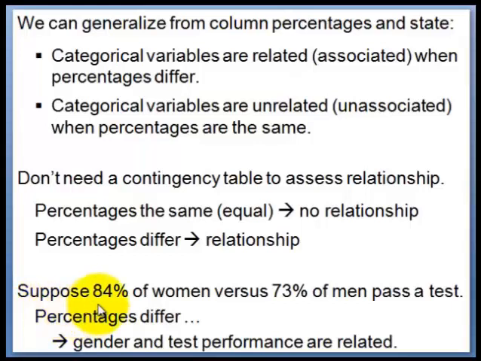Here I'm focusing on the percentages of women and men who pass a test, but we could have flipped things around and said, for instance, suppose that 16%, 100 minus 84%, 16% of women versus 27% of men fail a test. So we could have focused on failures rather than passes, and we'd be just expressing the relationship in a different way. And whichever way we expressed it, in this situation the percentages differ, and therefore gender and test performance are related.